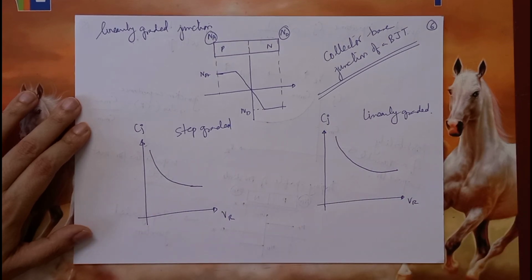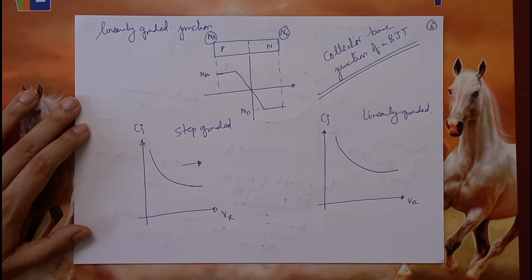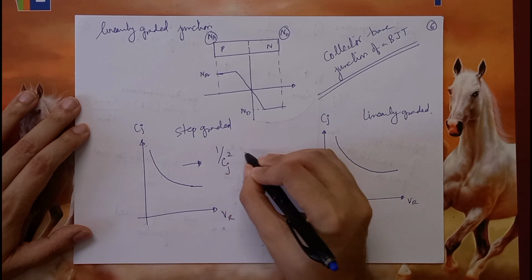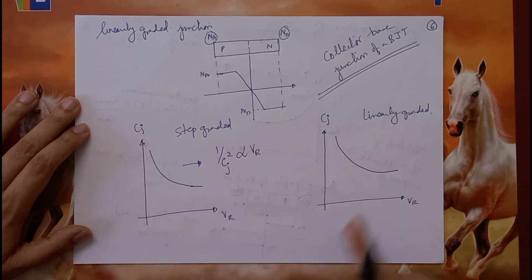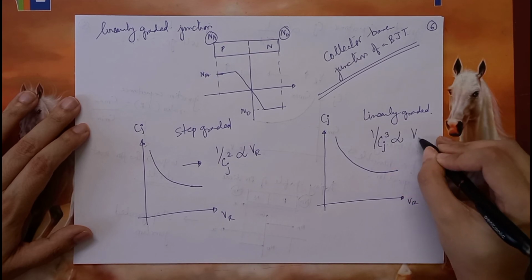If you really want to know the relationship between Cj and Vr in each case, and how the two are proportional, if you pick up any book on semiconductors, you will see that for a step graded junction, 1 by Cj square is proportional to Vr, and in this case 1 by Cj cube is proportional to Vr.